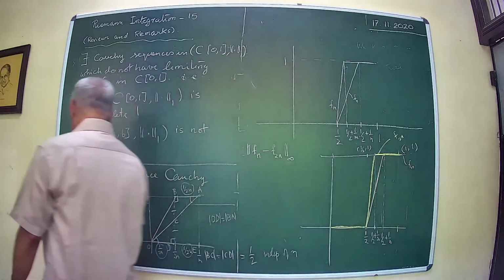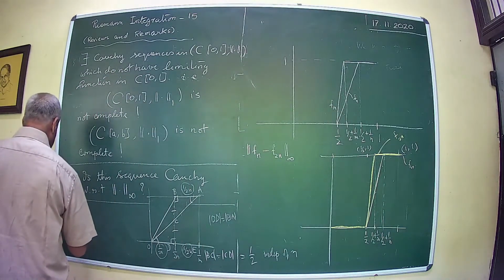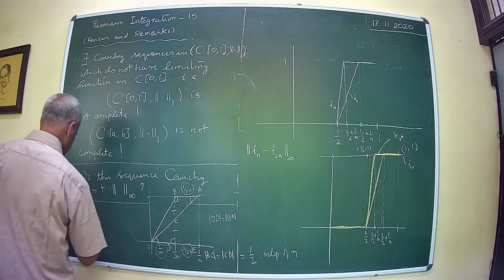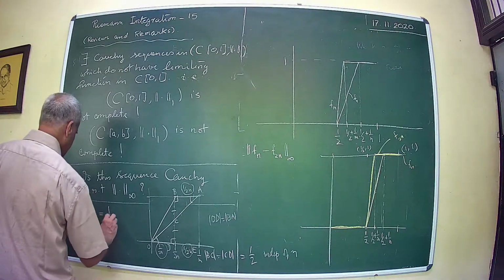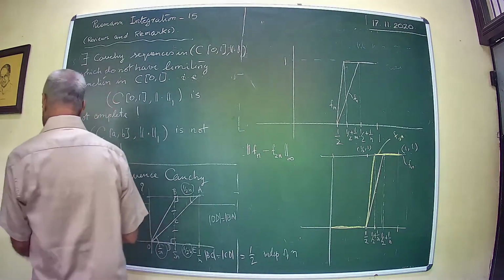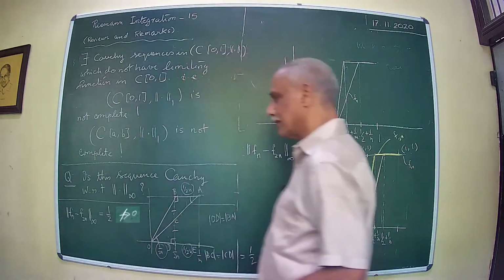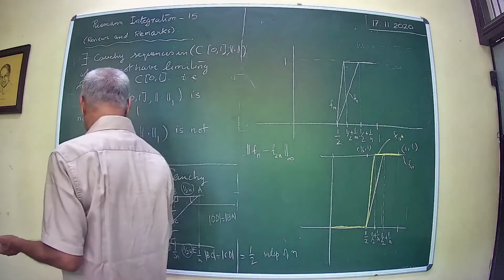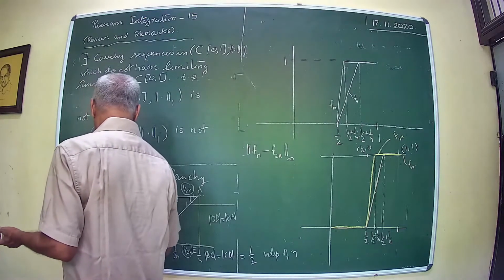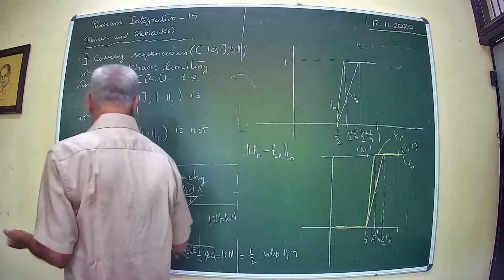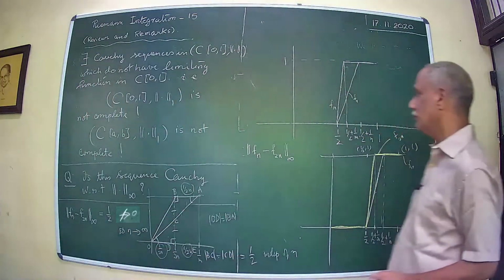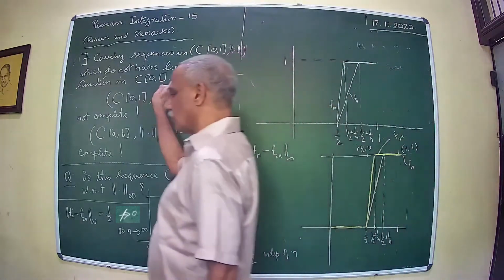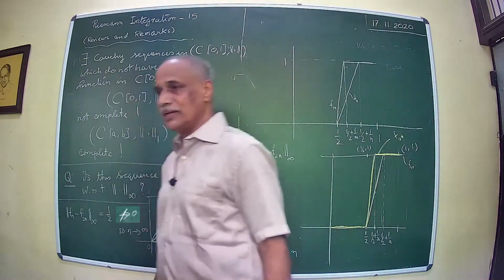So you see that the norm of the difference doesn't go to 0 no matter how large an n you choose. Therefore, the sequence that you have constructed is not a Cauchy sequence in C[0,1] with norm infinity.